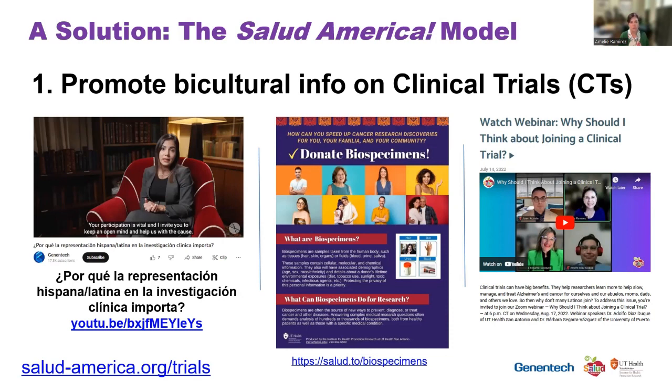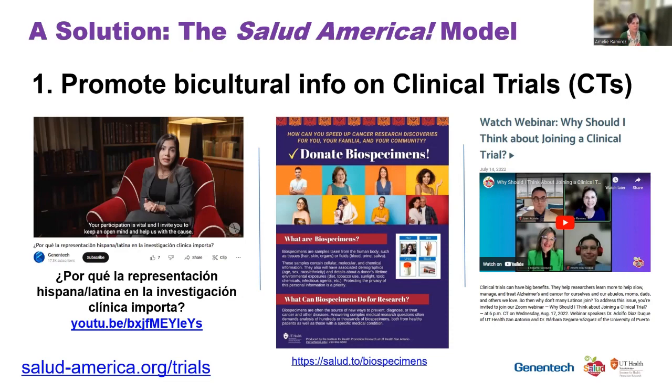And their goal is to reach over 1 million individuals, but they want to make sure that they have a diverse sample. So they reached out to us to help amplify their message and to help recruit more Latinos into the All of Us program.